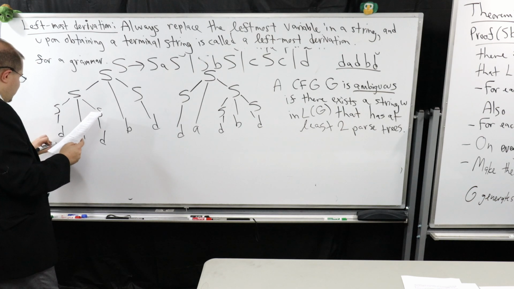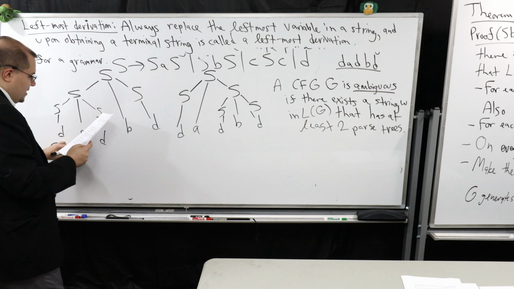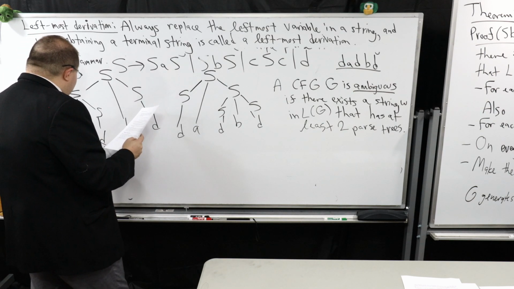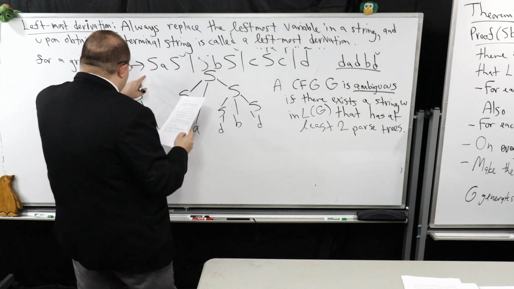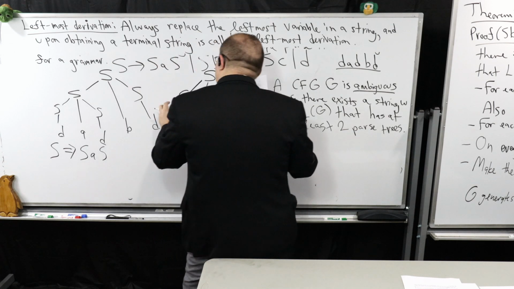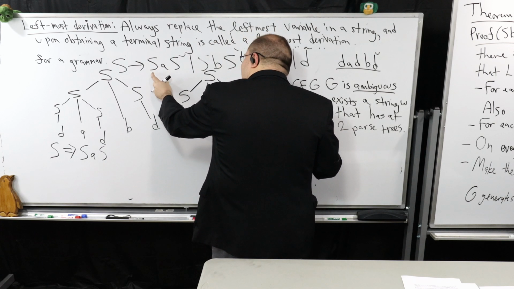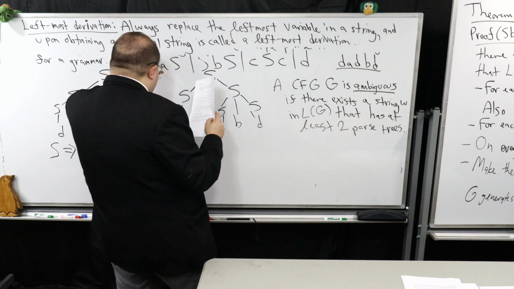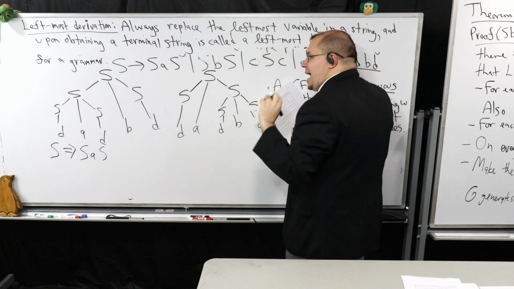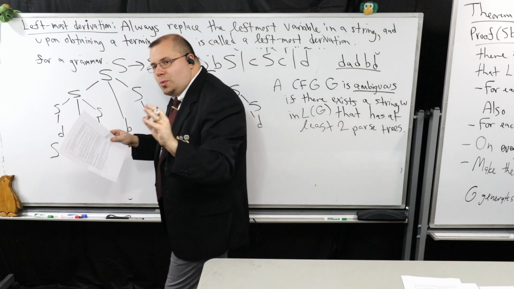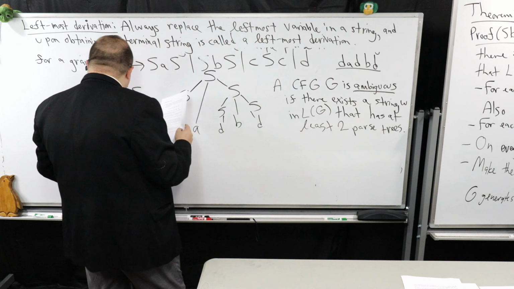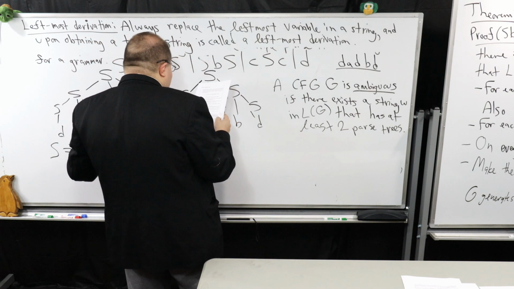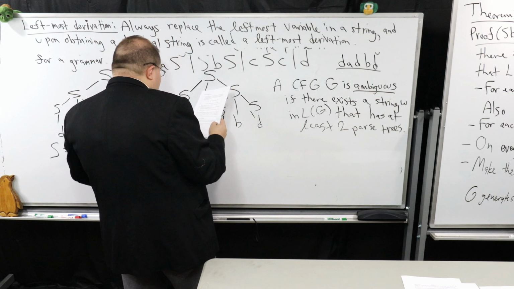So let me do an example with you. You'll see quite quickly. So I could start with S. I'm going to do SAS. So that's me just applying this rule right here. For a leftmost derivation, I always have to pick the leftmost variable and do the substitution. I'm allowed to substitute any of these other production rules, but it always has to be the leftmost variable that appears. So I go SAS. I'm going to replace the S with a D in my case here.